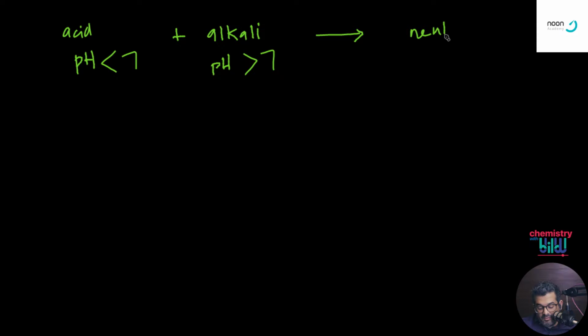You will make neutral water and salt. pH will be exactly 7.